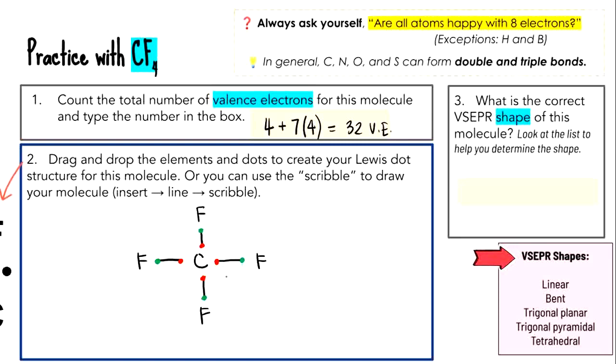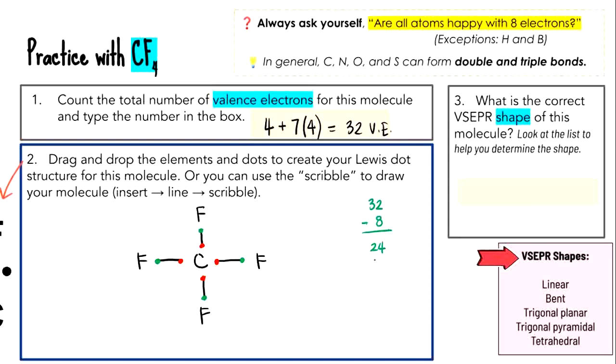Remember that each bond consists of 2 electrons that are being shared. So how many electrons did we just draw by drawing the 4 bonds? We drew 8 valence electrons. So from our total number of valence electrons, we're going to subtract 8. What's 32 minus 8? That's 24.